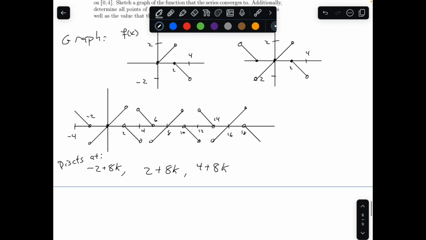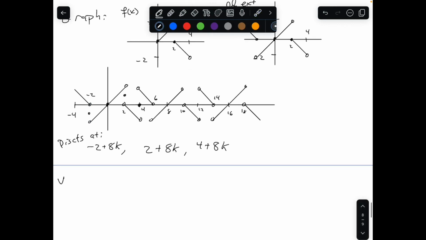And then our values at these points are going to be halfway between the left and right limits at those points. So at -2 plus 8k, remember this y value here is -2 and this y value up here is +2.